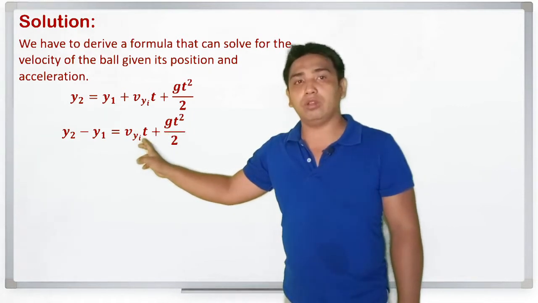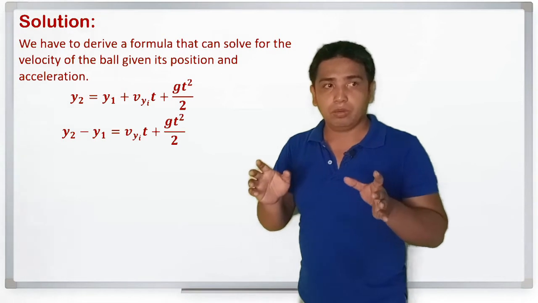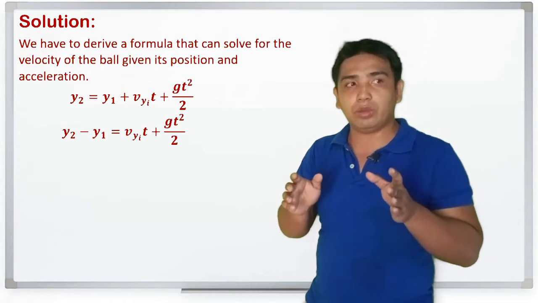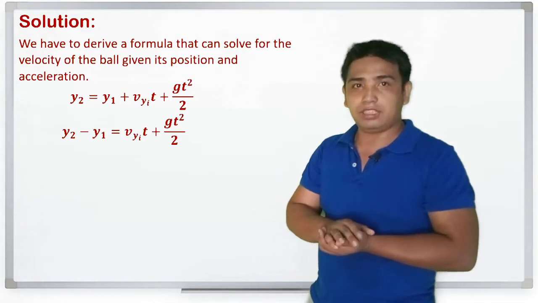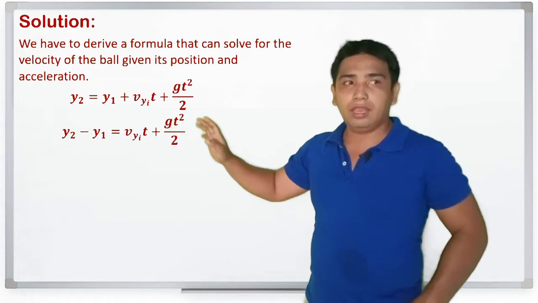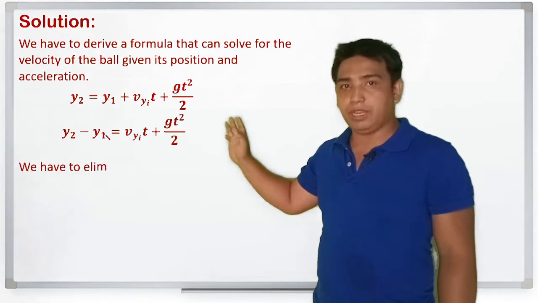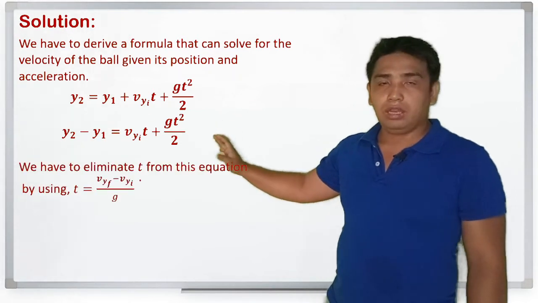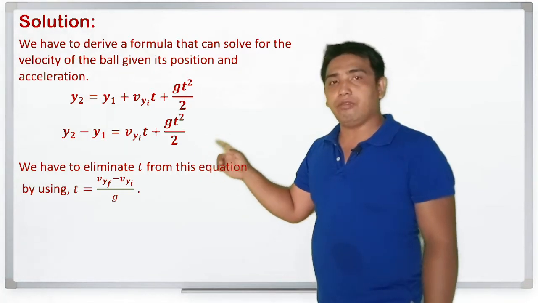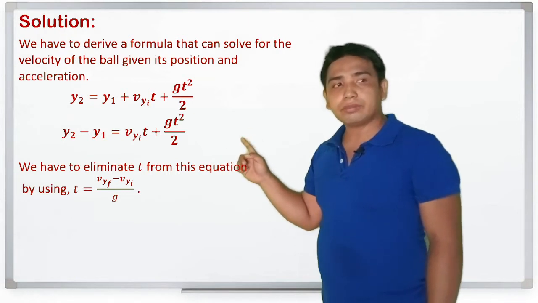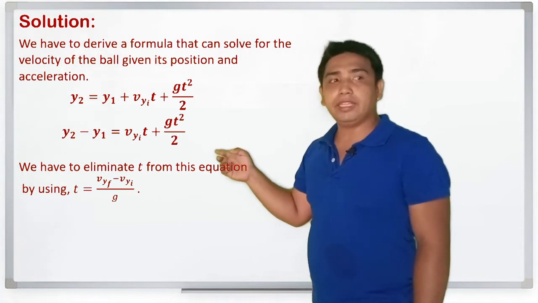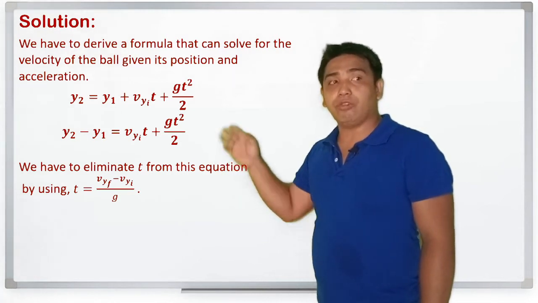And the only missing is the value for time. So we are going to look for terms that we can substitute for time. That means we have to find some relationship that can replace t here, because we do not want t in the equation. It must be eliminated. Alright, so in the process, we have found out earlier that we can use vfy minus vyi over g to substitute for time.